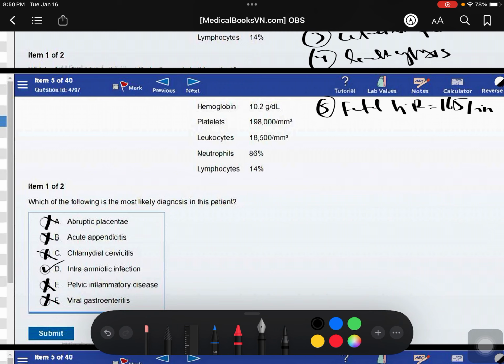Choice D, intra-amniotic infection or chorioamnionitis. First of all, for the diagnosis of intra-amniotic infection, we have the following in the question. The first one is that the patient is suffering from nausea and vomiting.